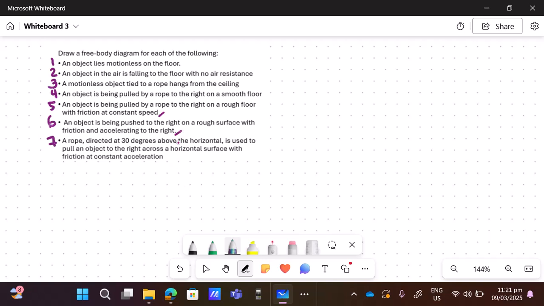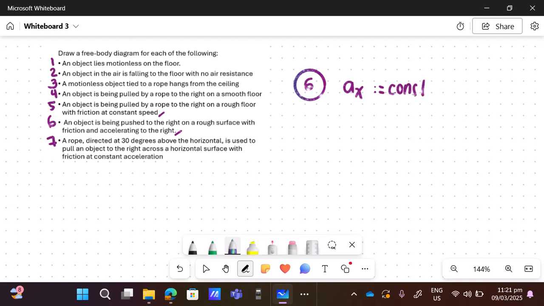Velocity varies, meaning the acceleration along the horizontal is constant. So for number 6, a sub x is a constant.